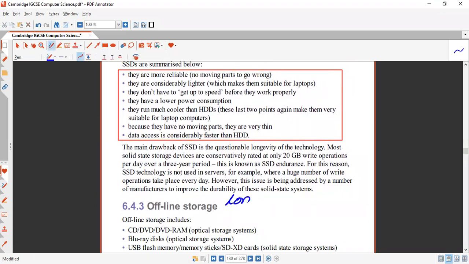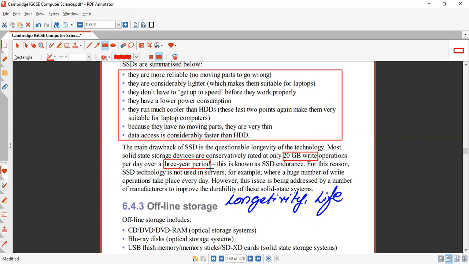Longevity means life. The life of the SSD is quite low as compared to the HDD. The life of the SSD is a maximum of 3 years if I write 20 GB of data per day for 3 years.